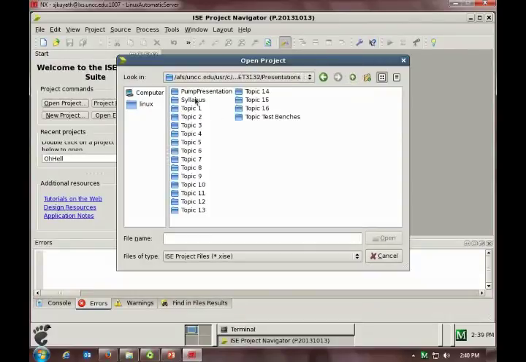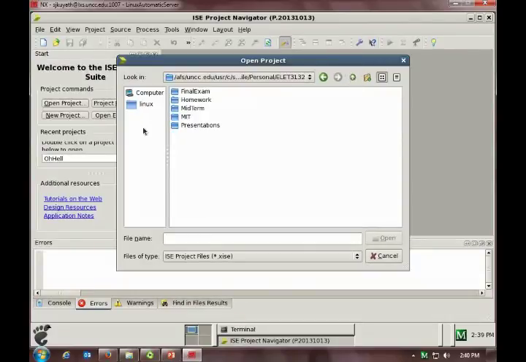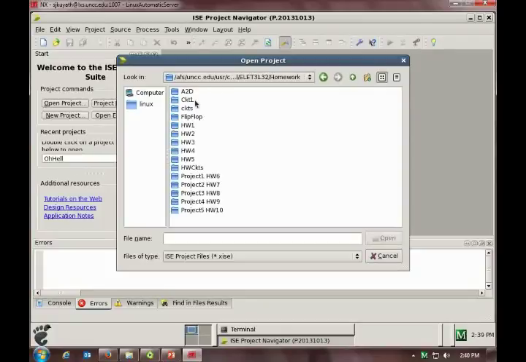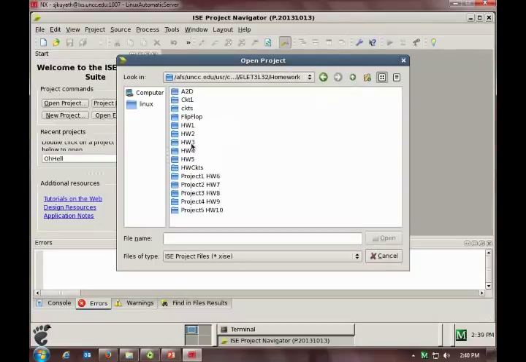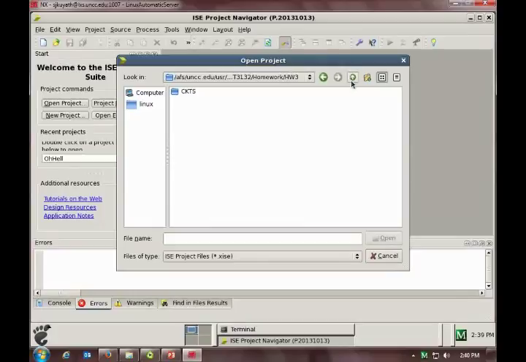It's not showing them right now. Sorry, I'm going to have to check all these and see if I can find it. Oop, that was homework 3, and it was circuits. Nope.